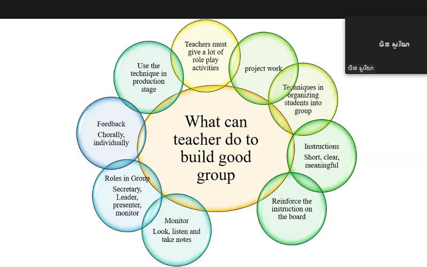So what the teacher should do next is monitor, look, listen, and take notes. While the groups are working, the teacher should not stand in the middle of the class, because when the teacher stands in the middle, most of the group members will focus only on the teacher.